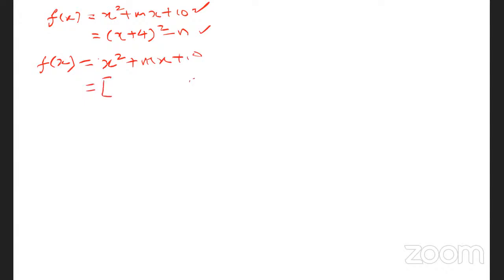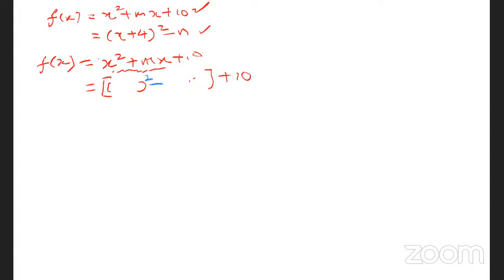So you put big bracket, small bracket, square, minus. Must be minus, there's no chance to be plus. We don't care whether it's plus or minus on top. You just put minus.